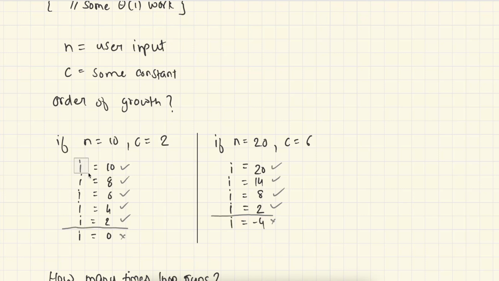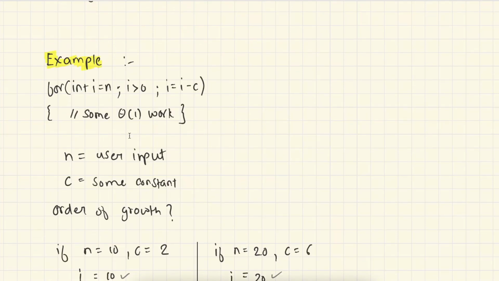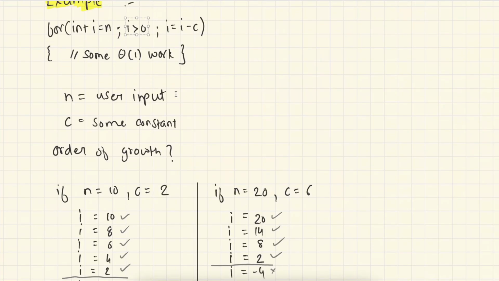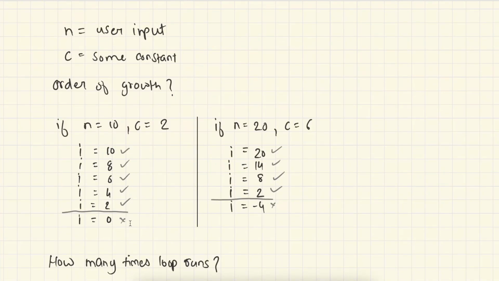So in the first iteration i becomes 10, in the second 8, then 6, then 4, then 2, and then ultimately 0. When i becomes 0 we stop, because at this point the condition is false: we are running the loop for i greater than 0, and now i itself is 0. Okay, so how many times is this loop going to run?